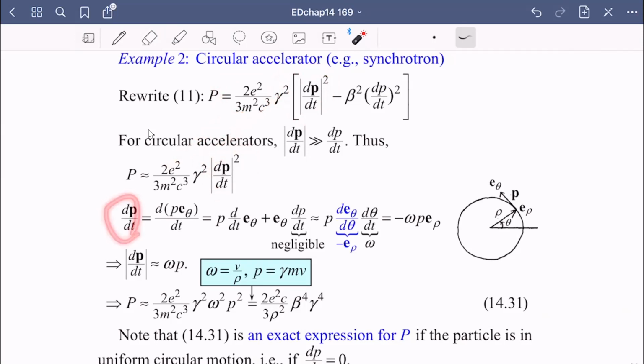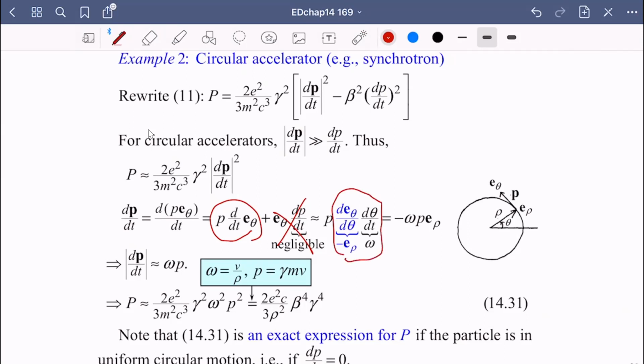So the P is in the centripetal direction, and the magnitude of P is a constant. So this part is small, negligible. Therefore, only this one, the E theta.